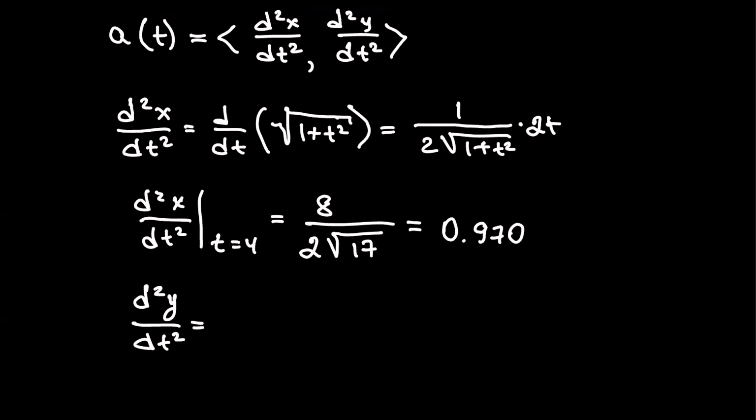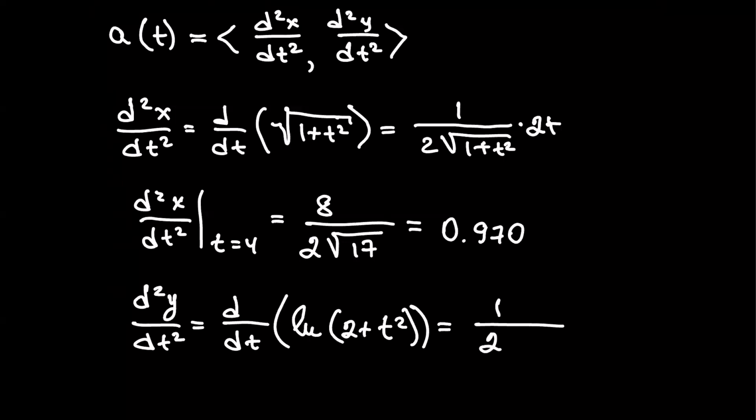And this is equal to d/dt of the first derivative, ln(2 + t²), which is equal to the derivative of natural log is 1 over, so this will be 1 over 2 plus t squared times the derivative of 2 plus t squared, which is 2t.